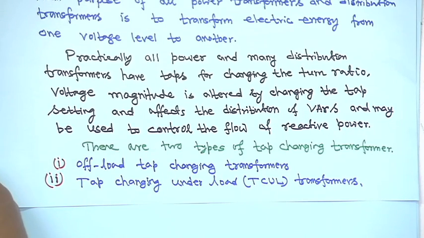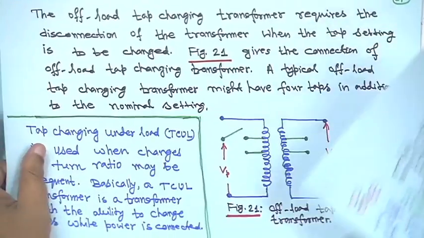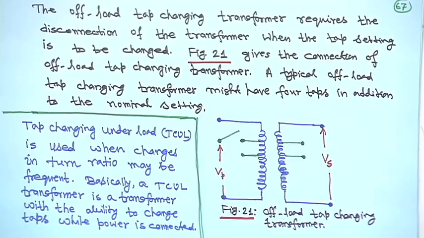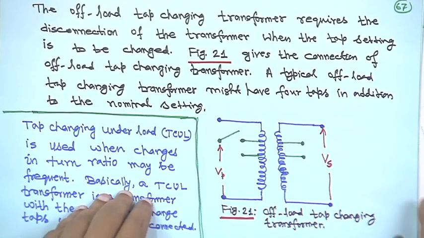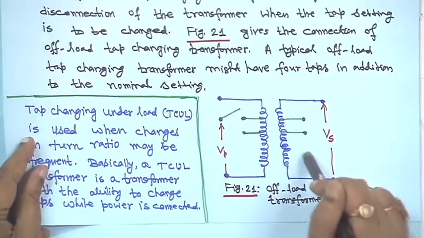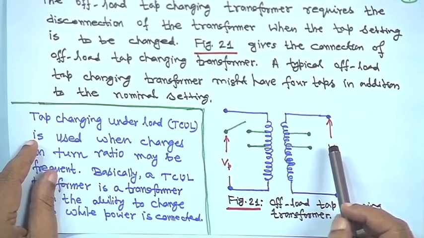So, some schematic diagrams. The off-load tap changing transformer requires disconnection of the transformer from the supply when the tap setting is to be changed, right. This is figure 21, it gives the connection of a load tap changing transformer.